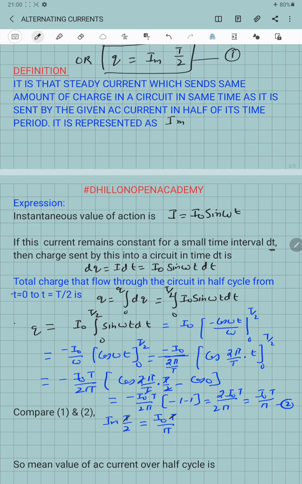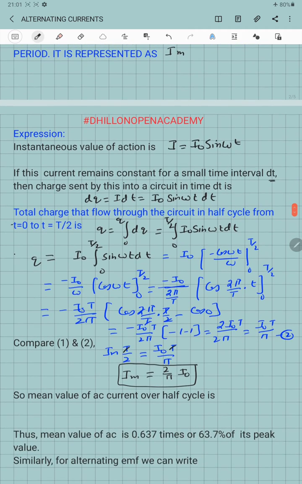T gets cancelled and we get the value of Im, which is equal to 2 by pi into I naught. This is the expression for the mean value of the alternating current over a half cycle. We can also write this as Im is equal to 2 over pi into I naught.